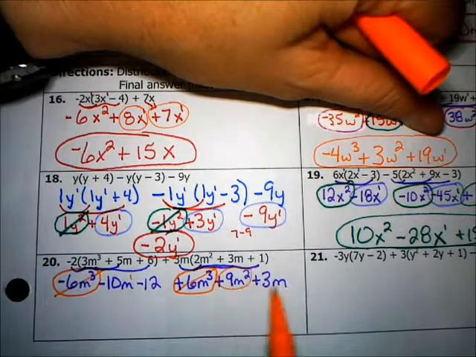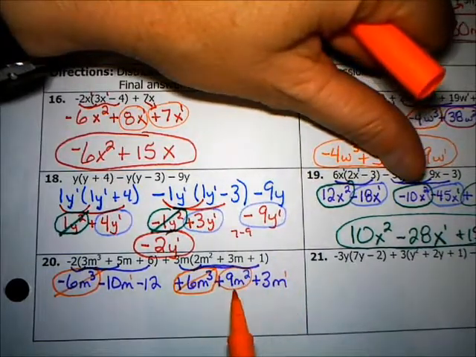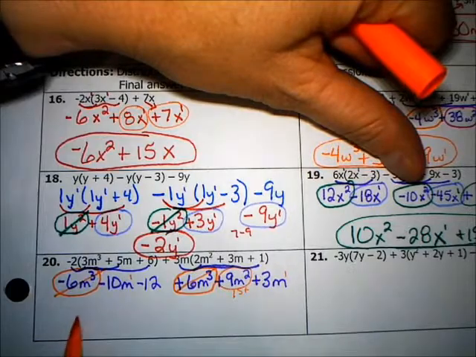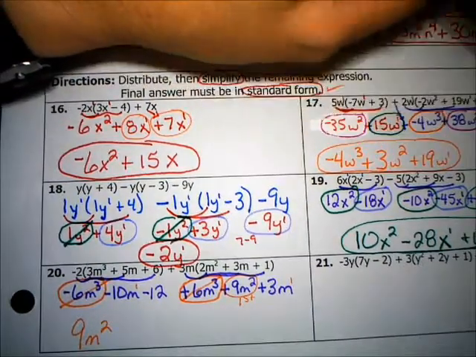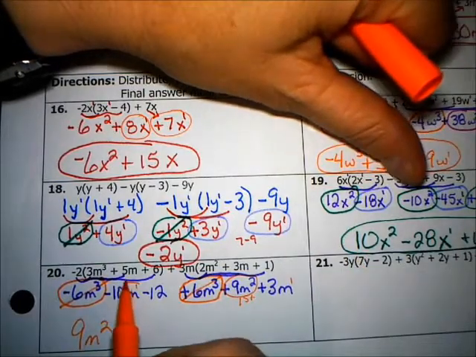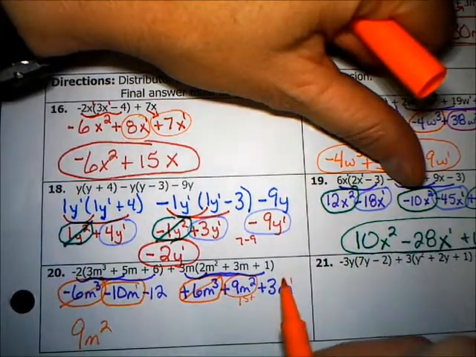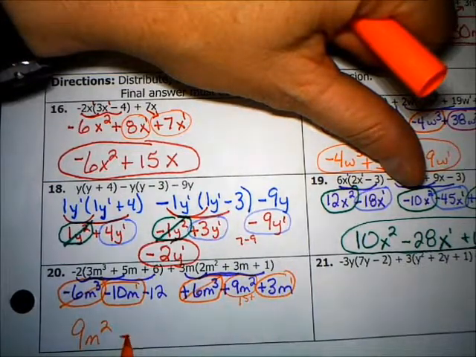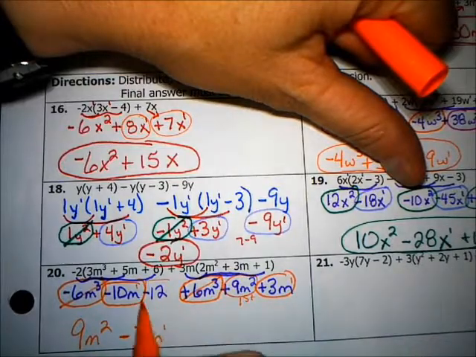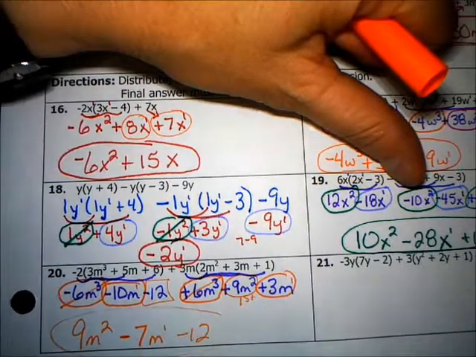There's my square, and I don't have any other square, so this is my first term. So that pulls it out front. Okay. Now look for the ones. Here I have a negative 10 plus 3. Negative 10 plus 3 is negative 7m^1s. And then last is your constant. There's your answer.